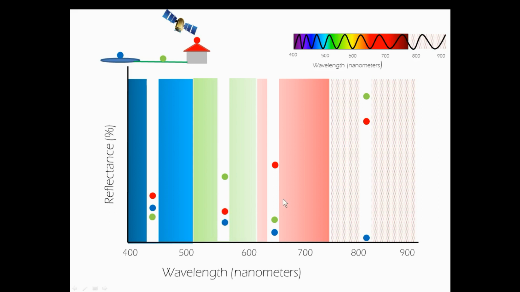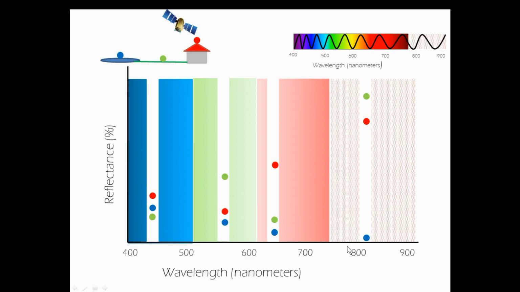But in bands 3 and 4, the reflectance values for water and the red roof are pretty different. So you might be able to say, well, if a material is absorbing most of the photons with wavelengths around 800 nanometers, and reflectance is low, it has to be water, because water is the only material with reflectance values this low for these wavelengths.